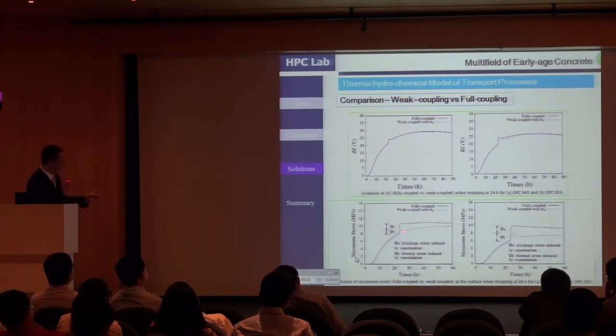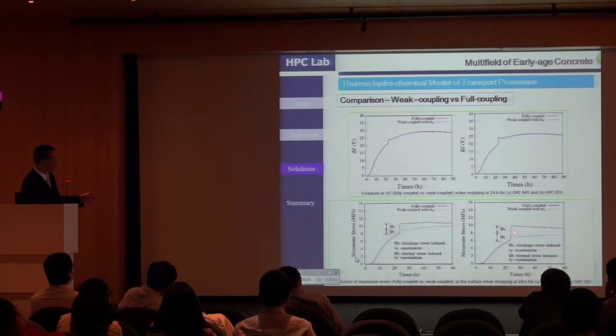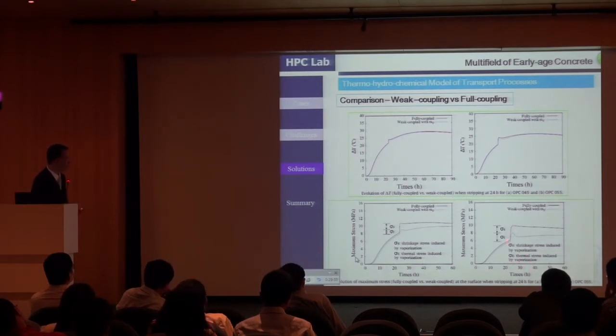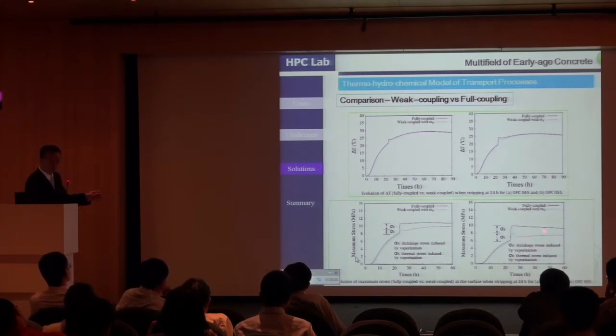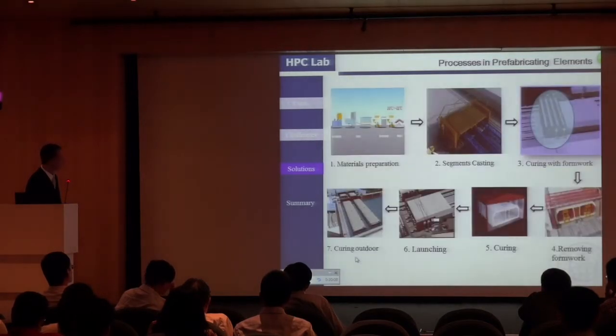We will find that the thermal shock and also the stress shock would happen during the demolding or removal of the formwork. But the weak coupling underestimates the effect of the shock.